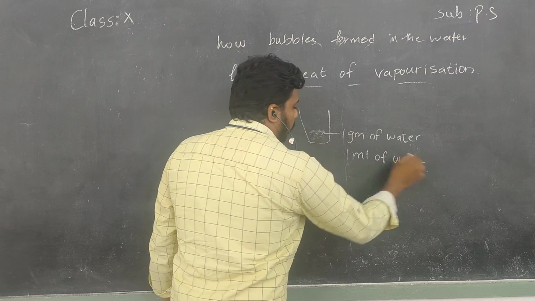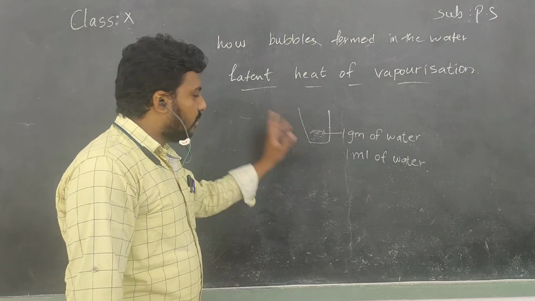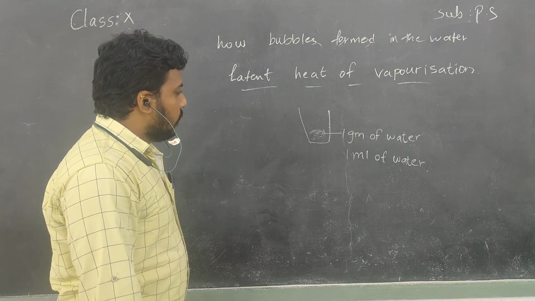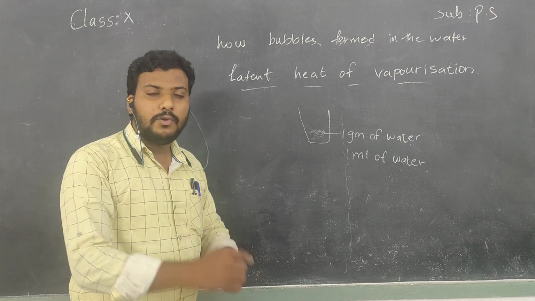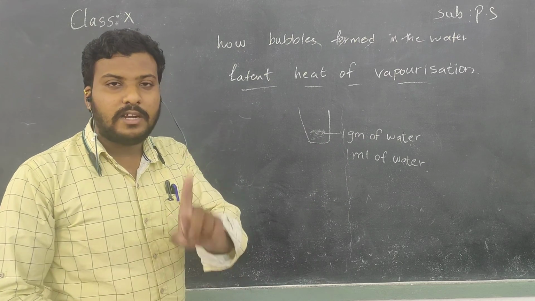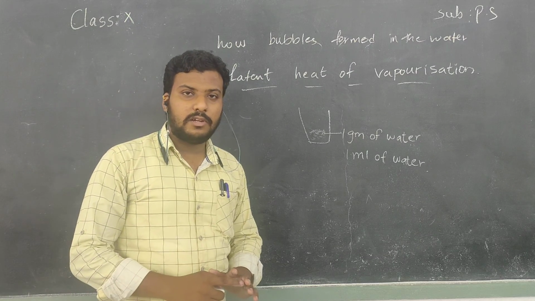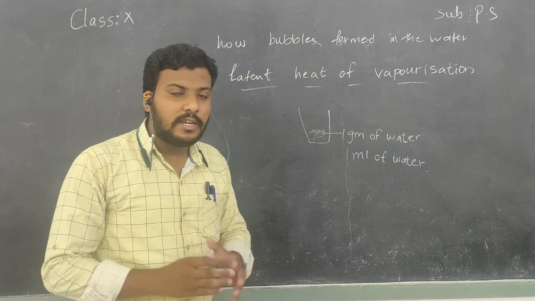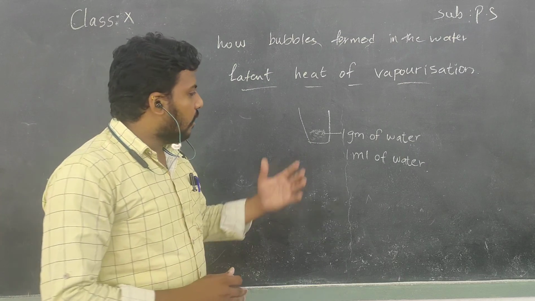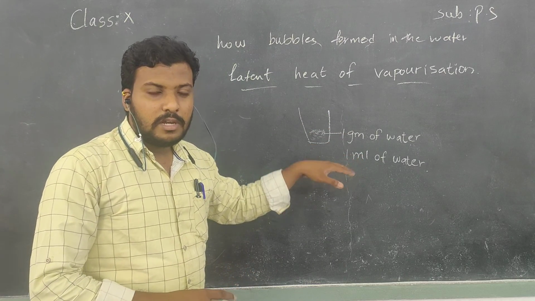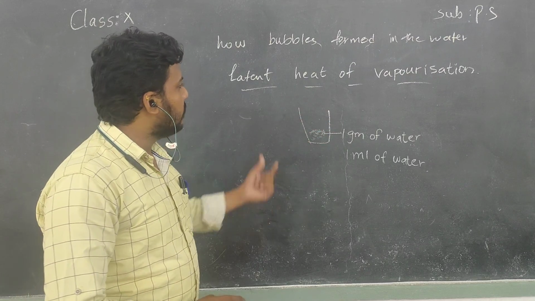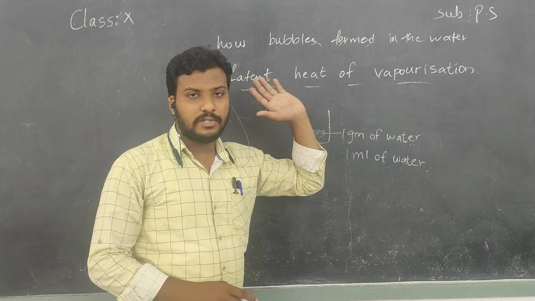So 1 ml of water is present in the tumbler. To convert this 1 ml of water into gaseous phase, definitely we need heat energy, children. So how much heat energy is required to convert this 1 gram of water from liquid phase to gaseous phase is called latent heat of vaporization.